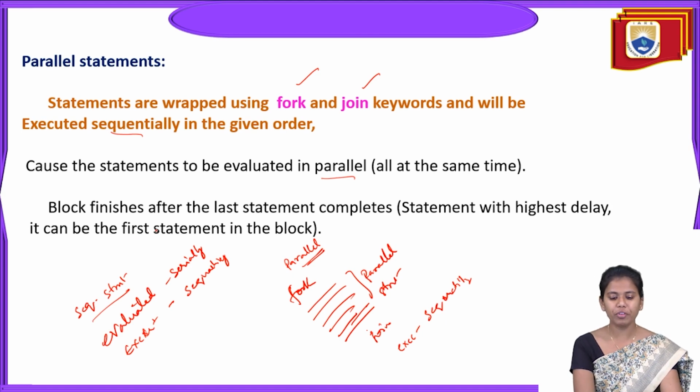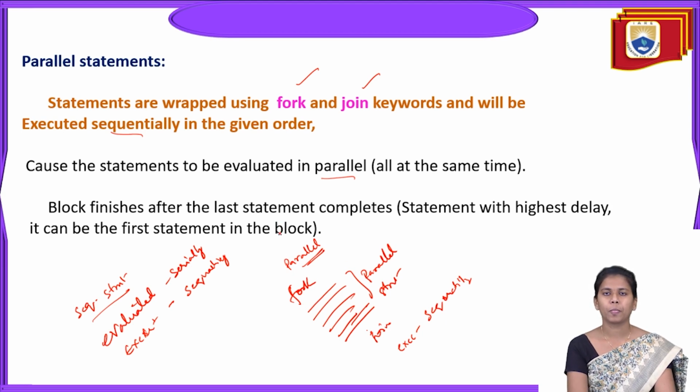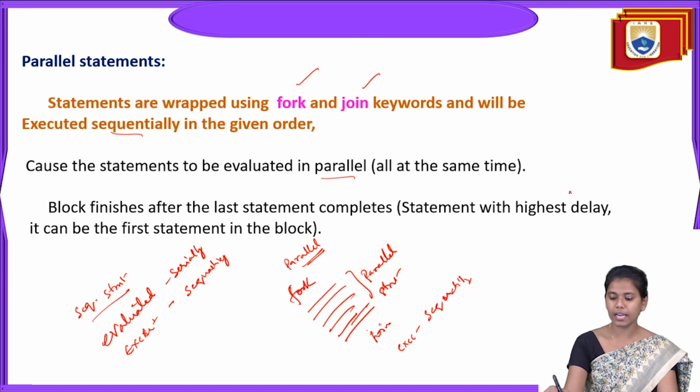Now, the block finishes after the last statement completes. That means the blocking of statements completes when all the statements complete their task, when the evaluation as well as the execution of all the statements is done. The statement with the highest delay can be the first statement in the block.